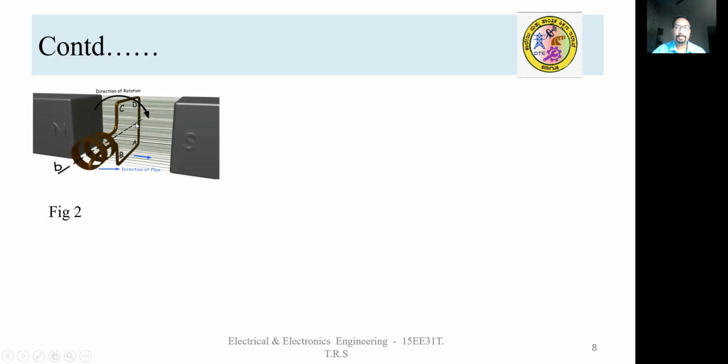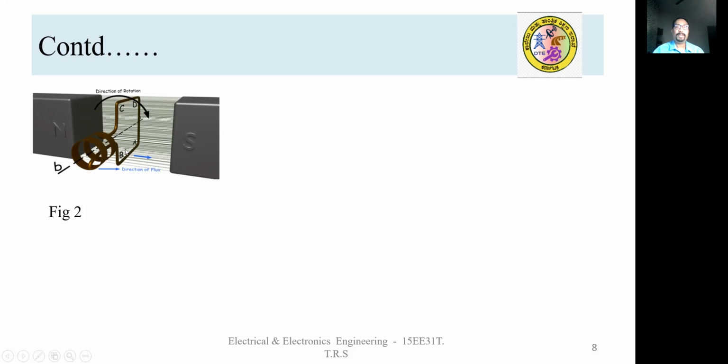Initially, maximum EMF will be induced, but later on, when the coil moves parallel to the magnetic flux, zero EMF will be induced. That means in the coil sides AB and CD, initially the maximum EMF will be induced and finally the induced EMF becomes zero. That means this coil side has come to the original vertical position.